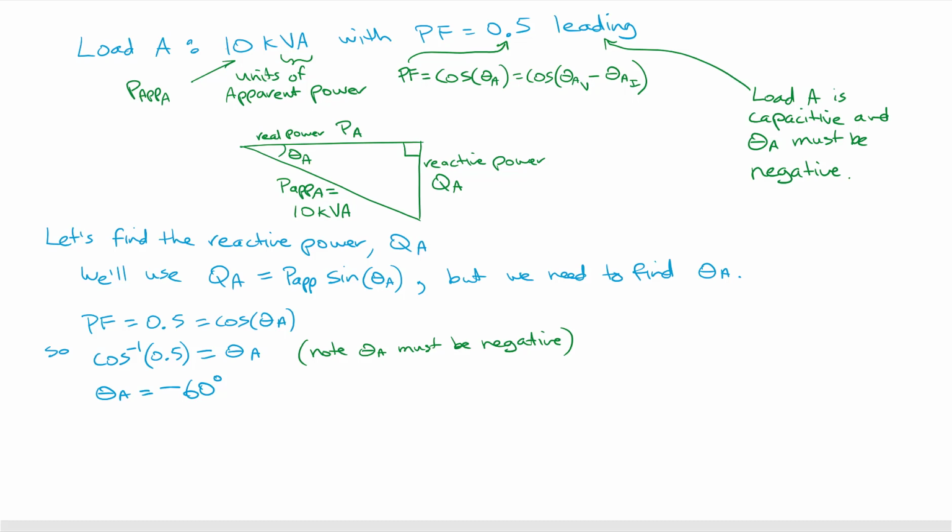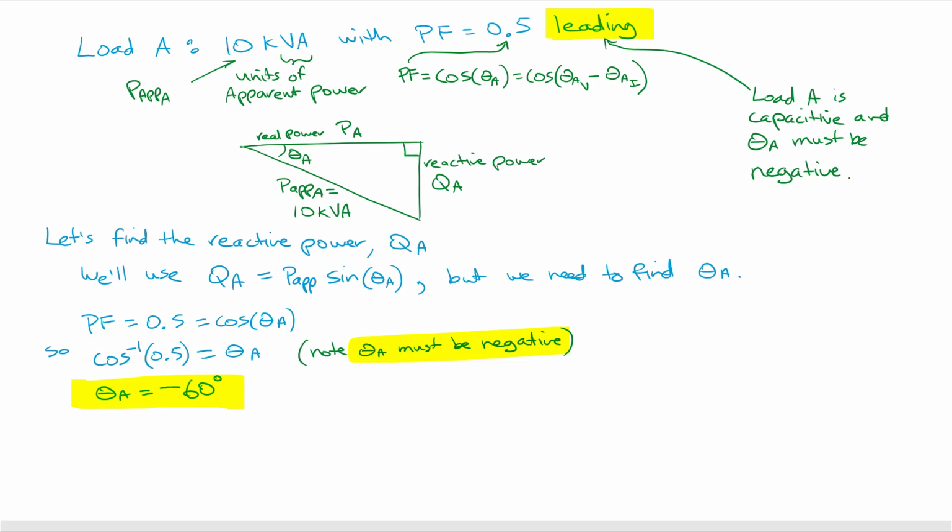Since the power factor is leading, theta A must be negative, so the result is minus 60 degrees.